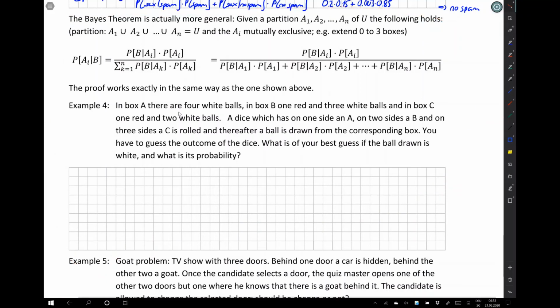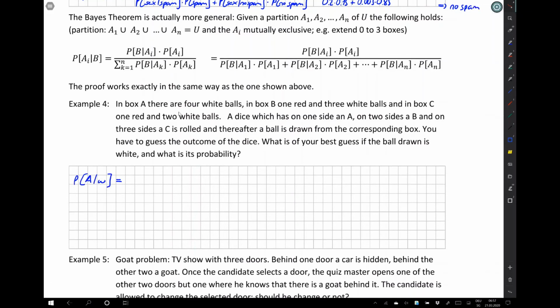Let us look directly at example 4, which will help us then to understand actually what this formula up here says. Read the text of the example, and when you're done, continue the film. We want to find the probability that the outcome of rolling the dice was an A, given that finally a white ball was drawn.